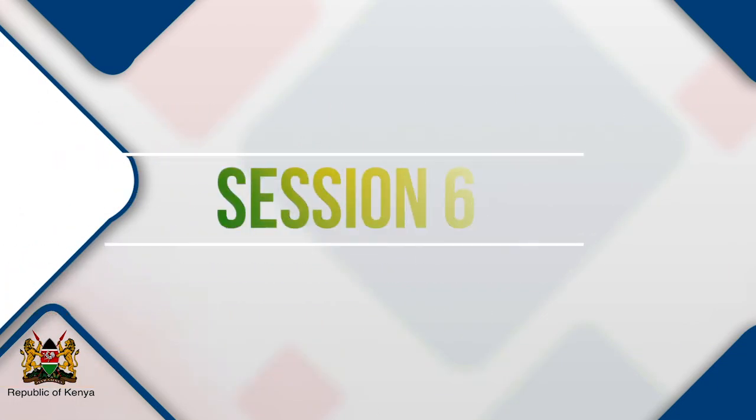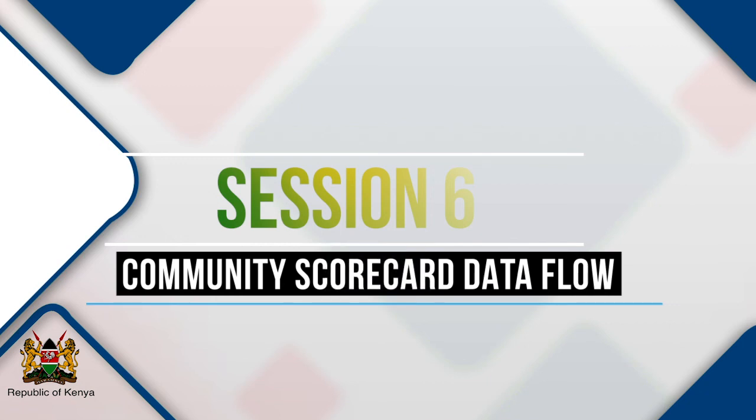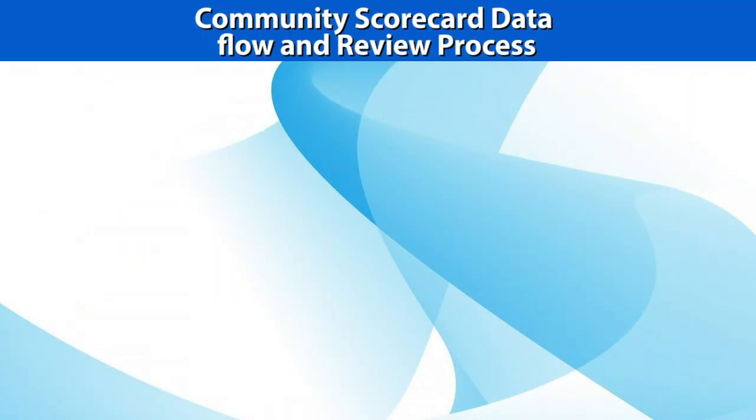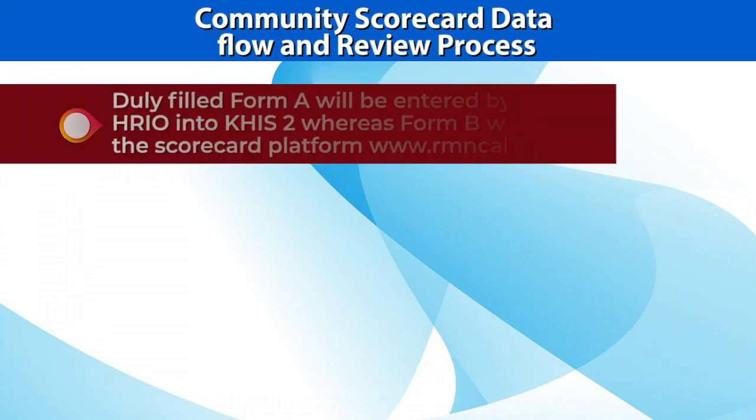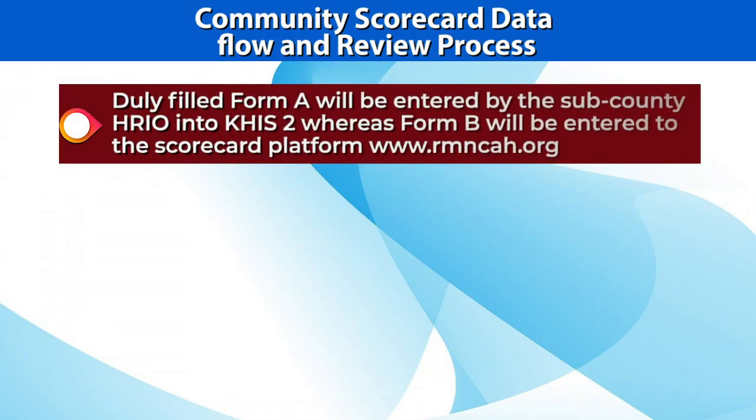Session 6. Community Scorecard Data Flow and Review Process. A duly filled Form A will be entered by the Sub-County Health Records Information Officer into Kenya Health Information System 2, whereas Form B will be entered into the scorecard platform www.ramcar.org.